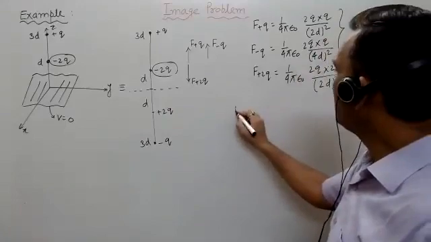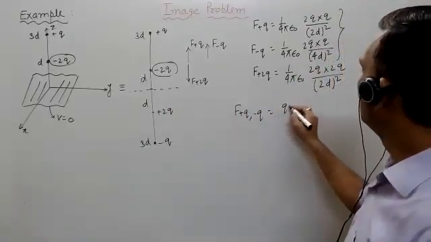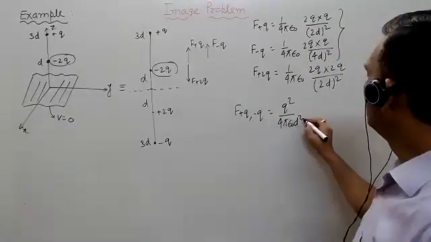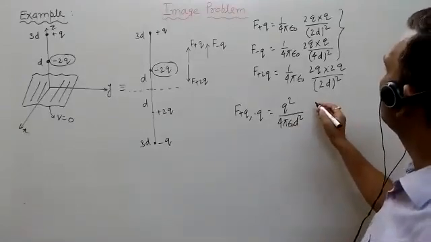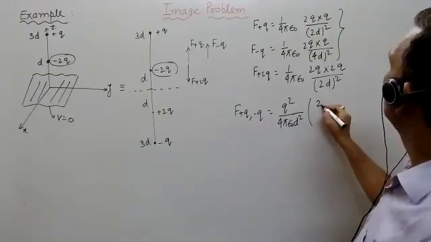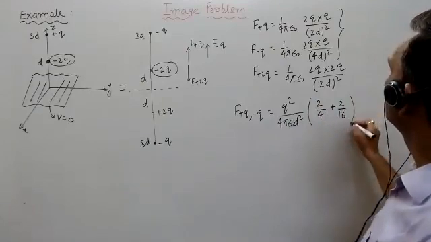So what will be the resultant of F plus q and minus q? Q square by 4 pi epsilon 0 d square, and then you will get 2 by 4 plus 2 by 16.